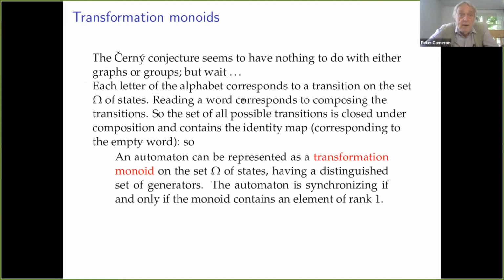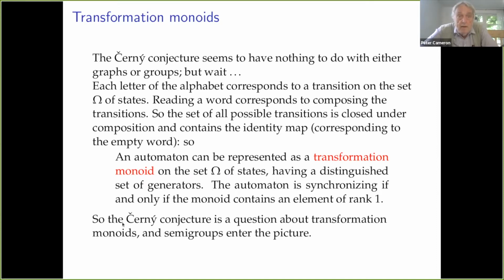So the set we're acting on is the set of states of the automaton, and the letters of the alphabet correspond to transitions, and we're allowed to compose them. So we get the monoid or semigroup generated by those transitions, by the given transitions of the automaton.